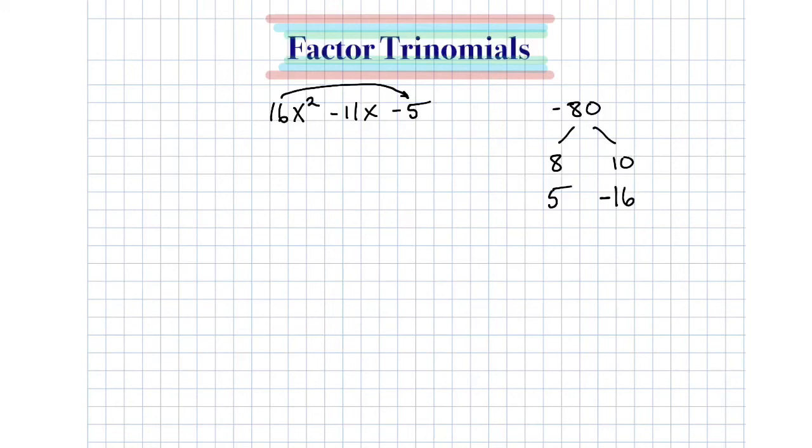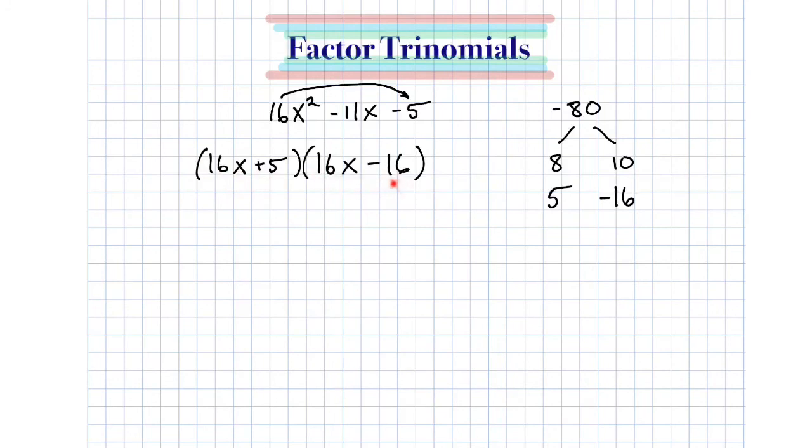Okay, next step, we want to break apart this first term. So we're going to say 16x plus 5 minus 16. Let's see, this first one can't be reduced any further.